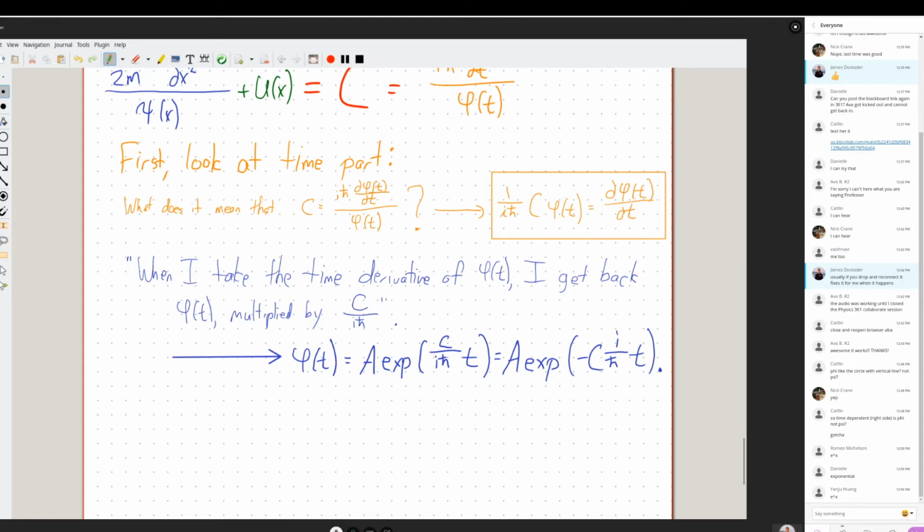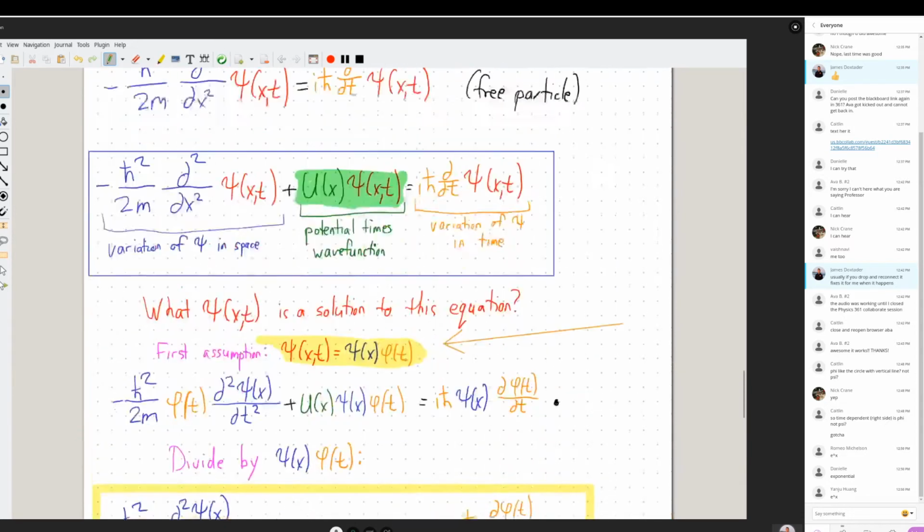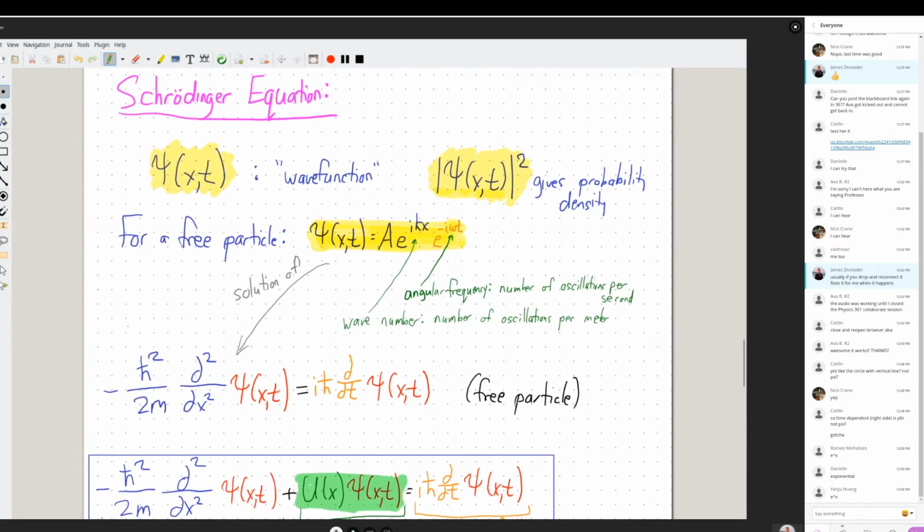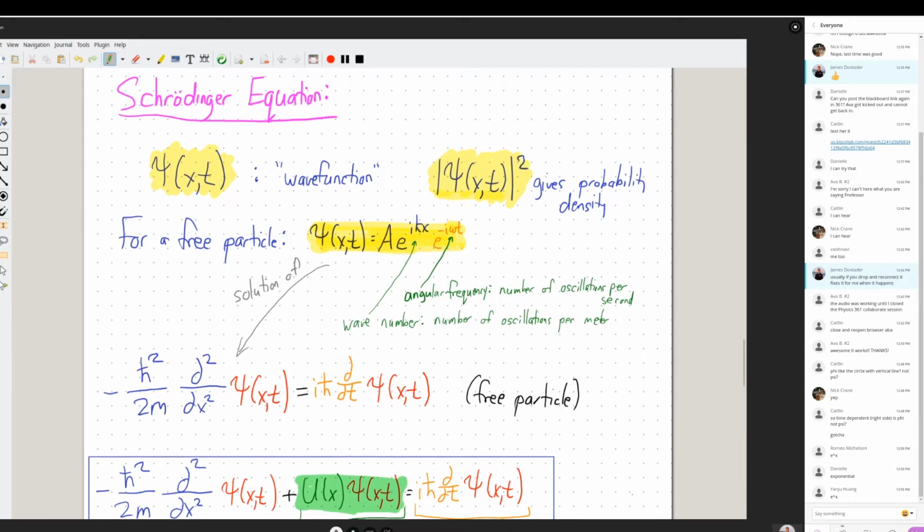But I want to compare this now to the solution we got for a plane wave, the solution you've already seen. So the plane wave solution that you saw here, there was a bare time dependence, right? The time dependence was e to the minus i omega t.